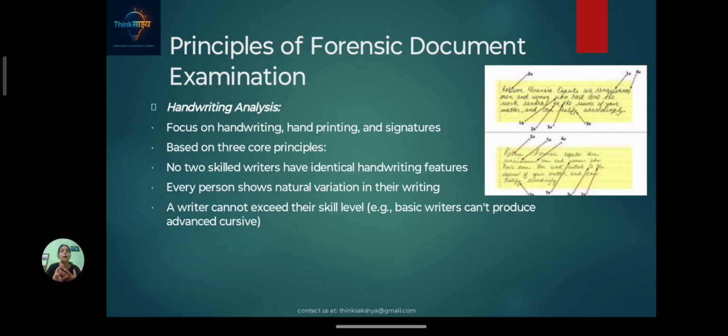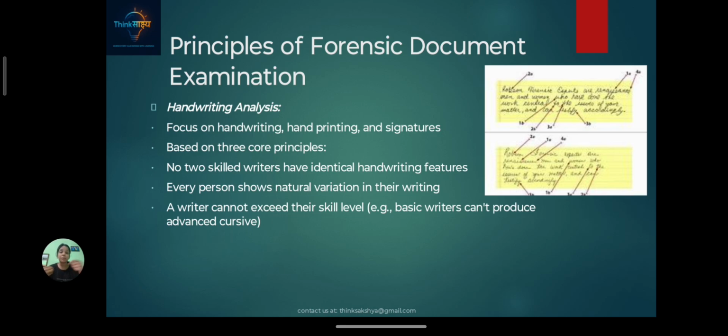Third is that a person cannot exceed their skill level. If I have normal handwriting, I write with a moderate level of skill. So it cannot suddenly change to very cursive, advanced cursive form. Getting my point? If I have peculiar features and write in a particular way, overnight it cannot change.